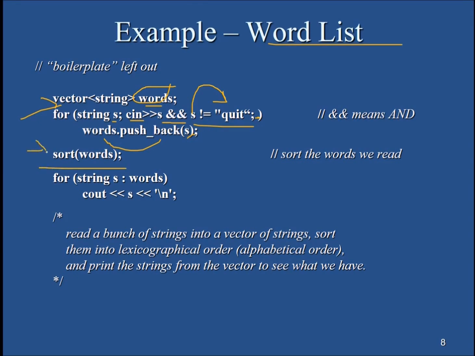Sort is an inbuilt function. This sorts the words we read, and by using the shorter form of for, we just print it out. So it reads a bunch of strings into a vector of string. Sort them. This is done in lexicographical order, that is alphabetical order, and this prints the strings from the vector to see what we have got.